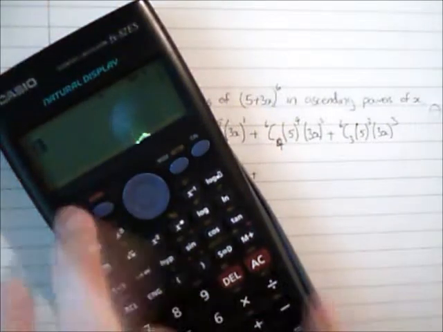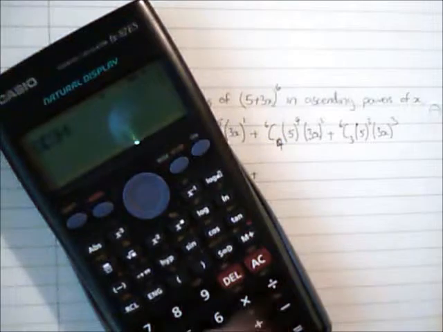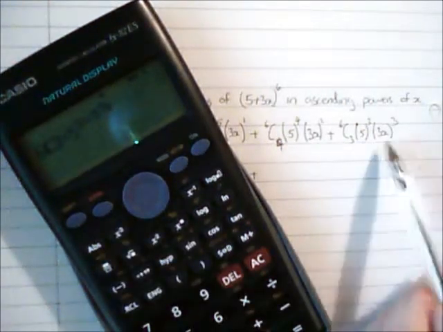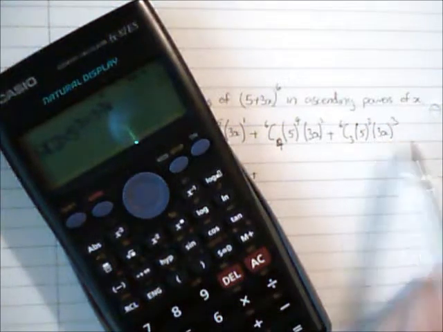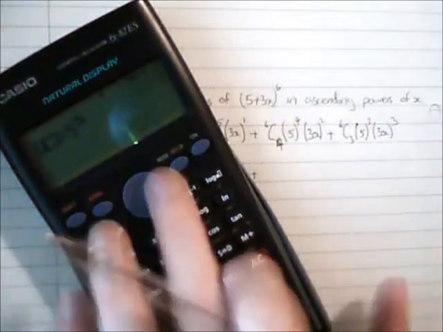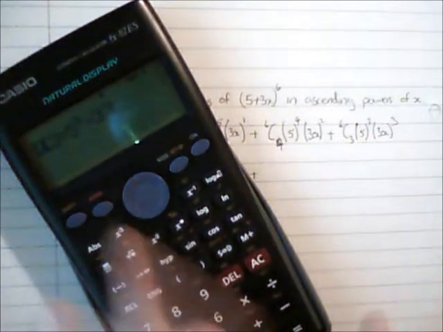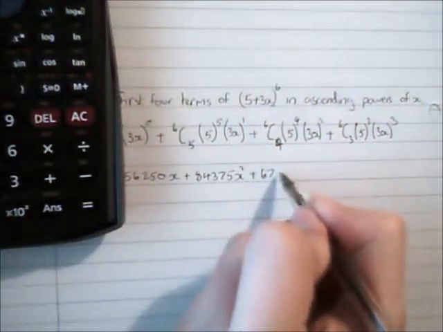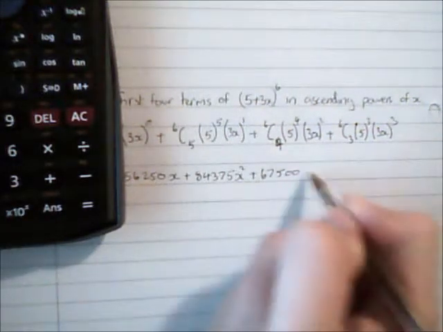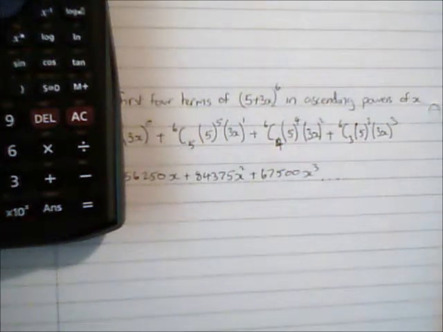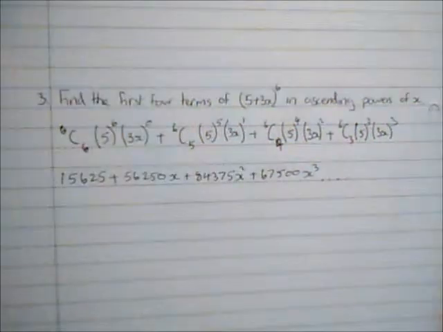Now you've got to be careful when you put this into your calculator that you are making sure that the term with the x, the number part, is being correctly worked out. So 67,500x cubed, and this expansion carries on for a few more terms, but I was only asked for the first 4, and now we have the first 4.